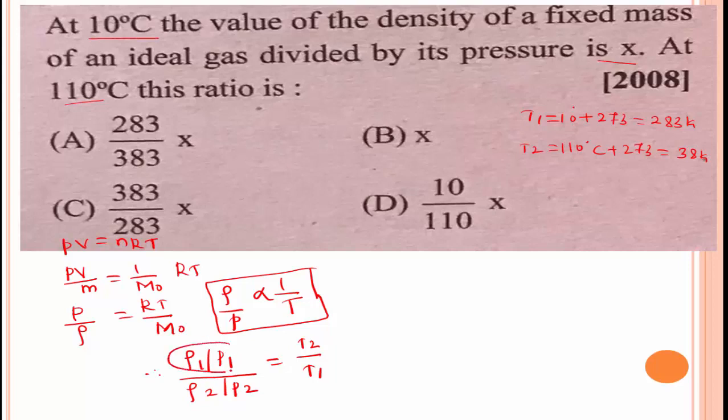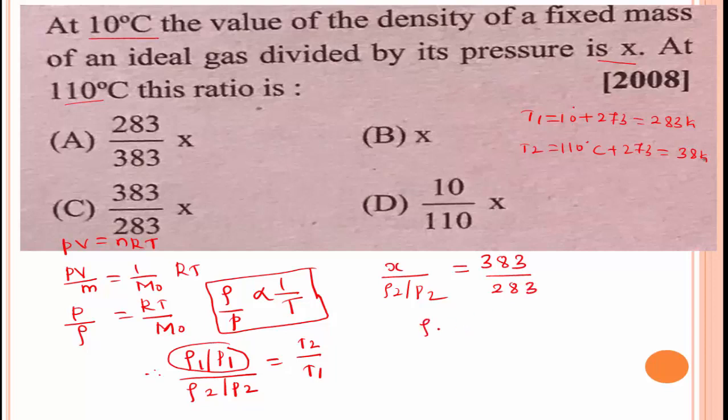Here, rho 1 divided by P1, the value of density of a fixed mass of an ideal gas divided by its pressure, is X. Therefore, X divided by (rho 2 divided by P2) is equal to T2, that is 383 Kelvin, divided by T1, 283 Kelvin.